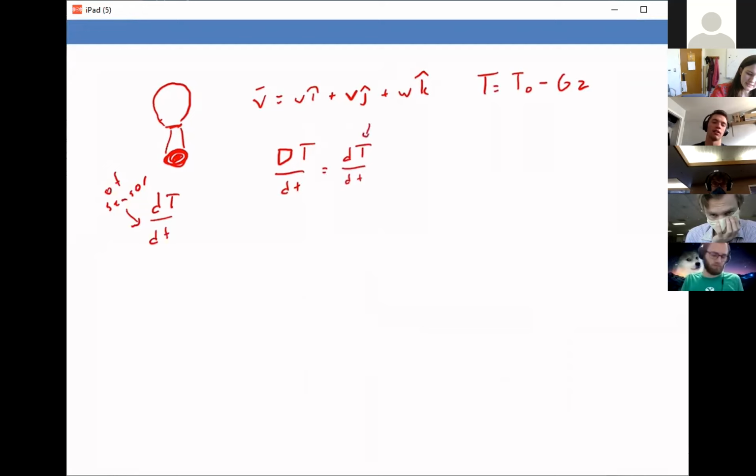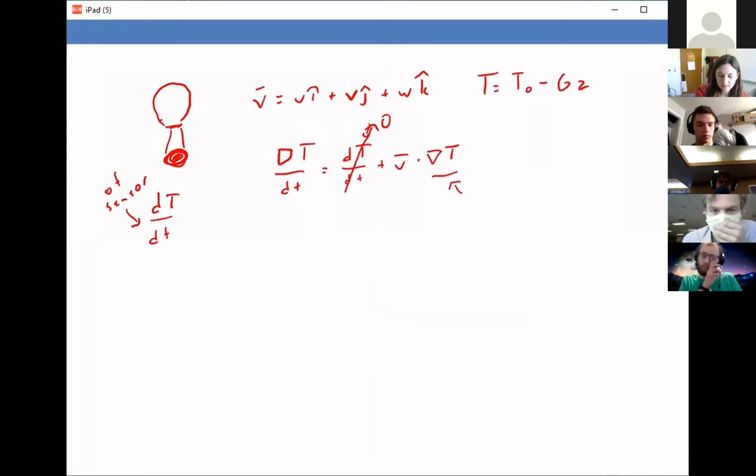So this would be the temperature distribution of the air, okay? And we'll say it's steady state, so that goes to 0. Then what is that last term in the material derivative equation again? Okay, so this would be the gradient of air temperature.